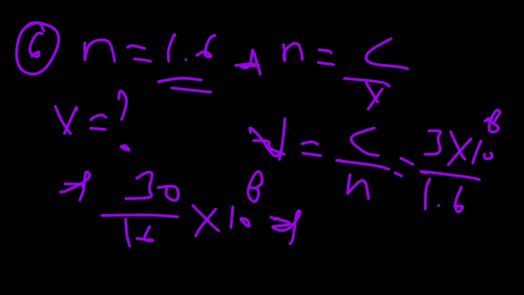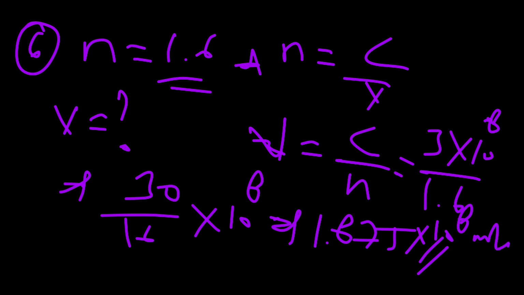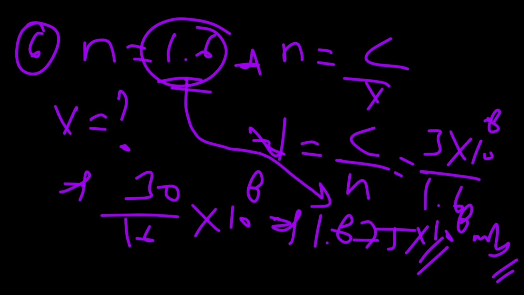So the final answer for this question is 1.875 into 10 power 8 meter per second. At this particular refractive index value, it has a speed of light value 1.87 into 10 power 8 meter per second, right? Okay. So these are some of the problems related to this.